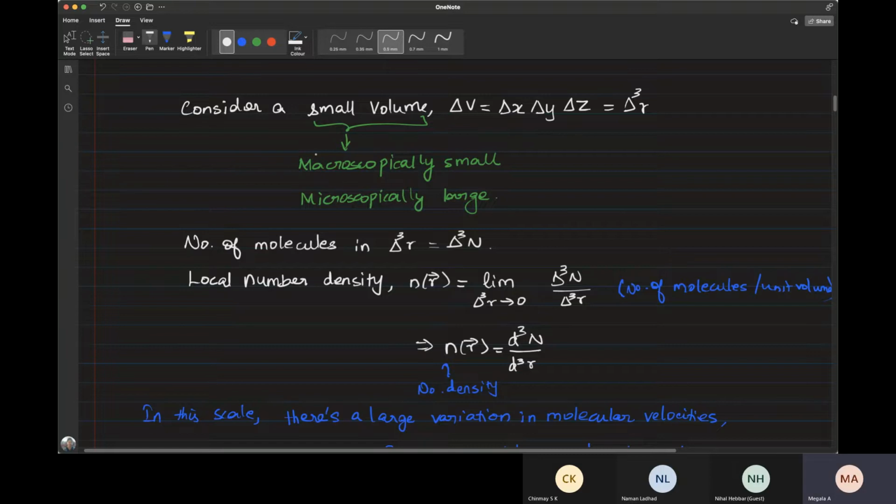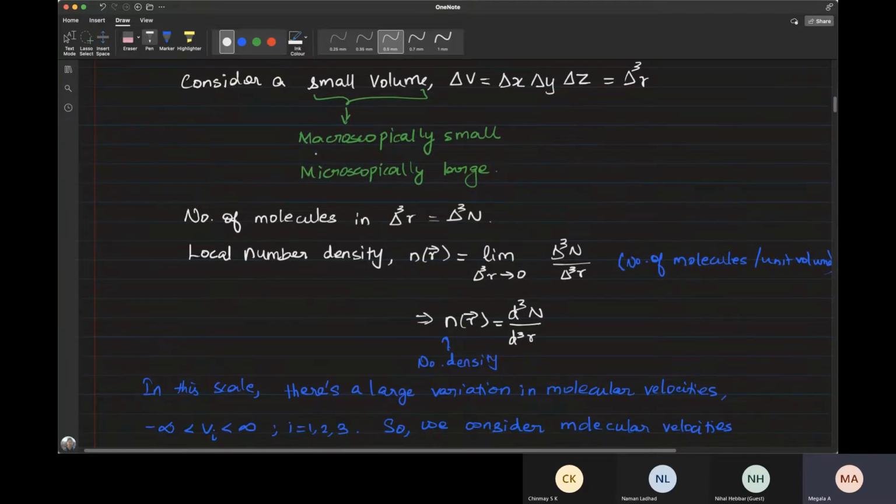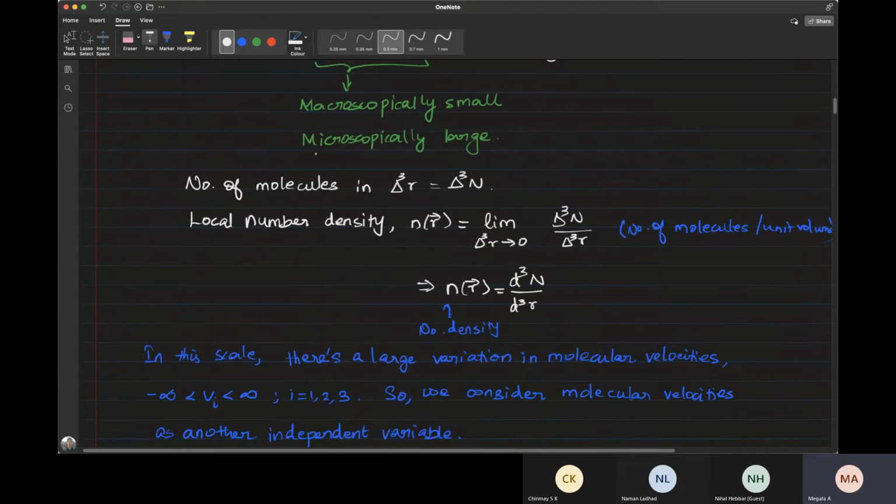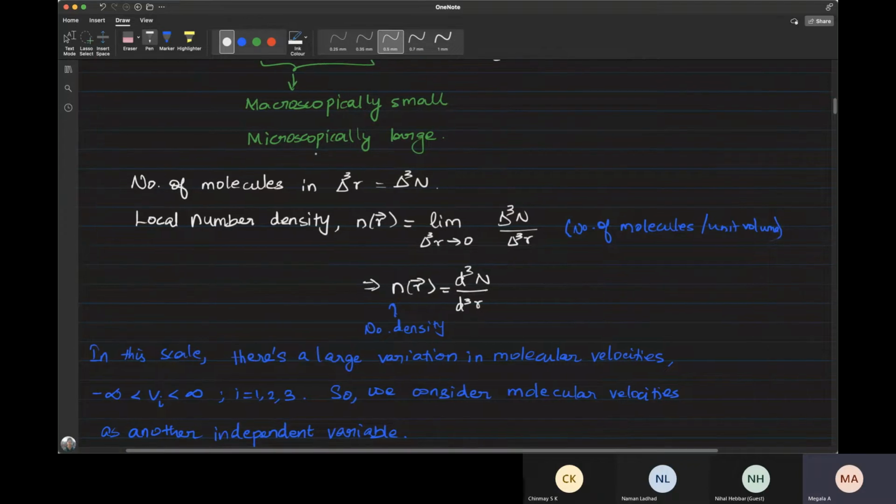And the number of molecules in this volume is delta cube n. With these two expressions, we can get the local number density, which is the limit delta cube r tends to 0 of delta cube n by delta cube r. This alone is the number of molecules per unit volume.